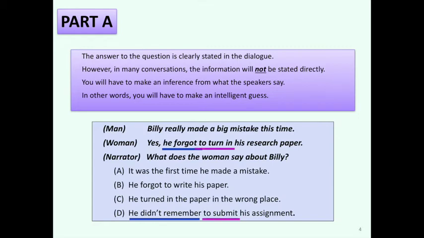To submit means the same thing as to turn in. They are synonyms. And finally, his research paper means the same thing as his assignment. So, the correct answer for this conversation is D. He didn't remember to submit his assignment. It is not exactly what is said in the conversation, but it means the same thing. So this is our answer.